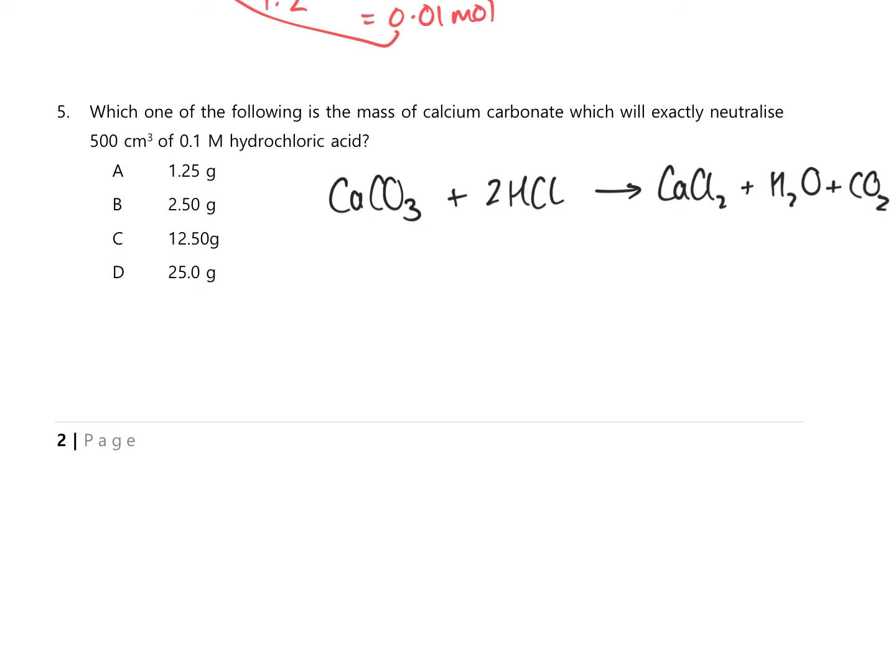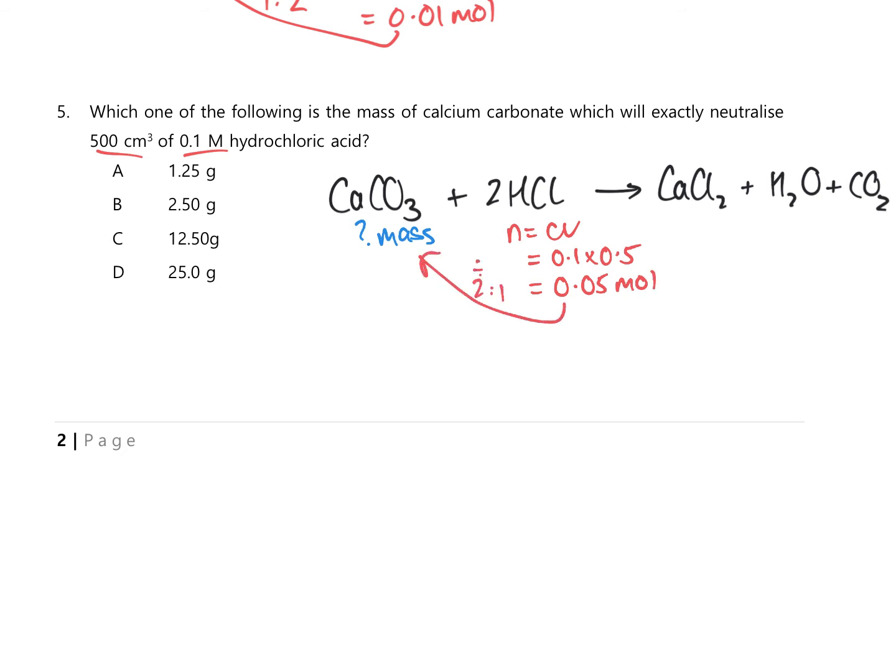So we're looking for the mass of calcium carbonate, that's our question mark, which will exactly neutralise 500 centimetres cubed of 0.1 molar hydrochloric acid. So n equals CV with our hydrochloric acid, 0.1 times 0.5, which is 0.05 moles. What is our ratio? It's 2 to 1.